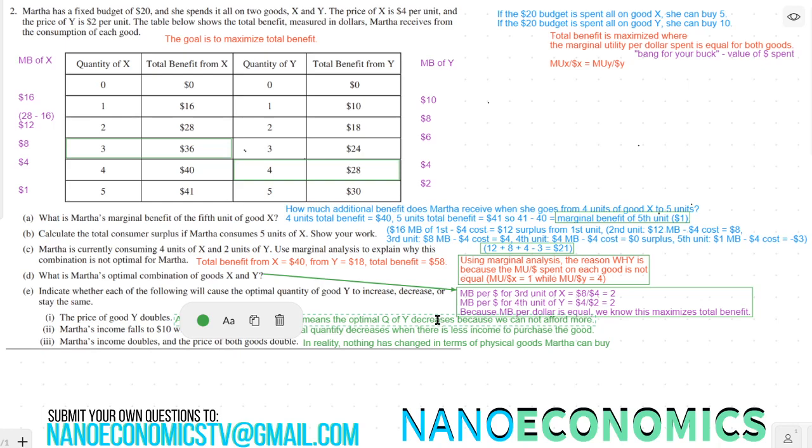But everything that she puts in her cart is essentially going to remain the same. And so we would end up with decrease, decrease, stay the same.